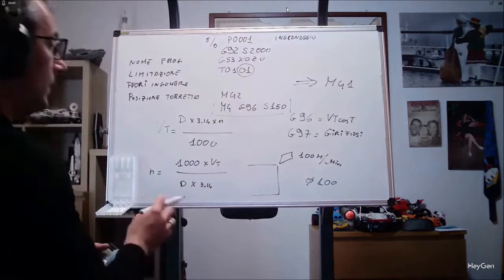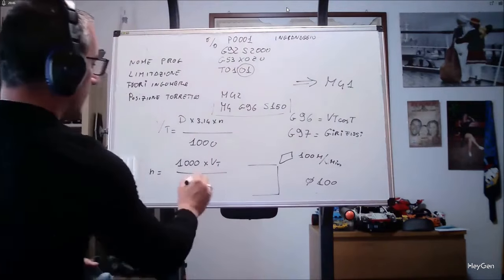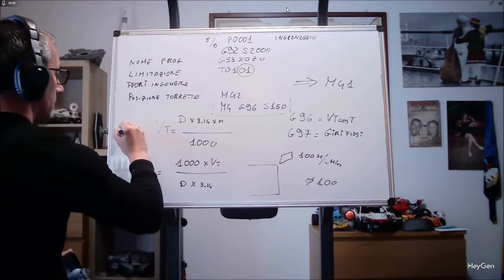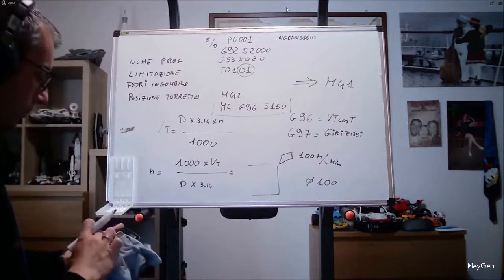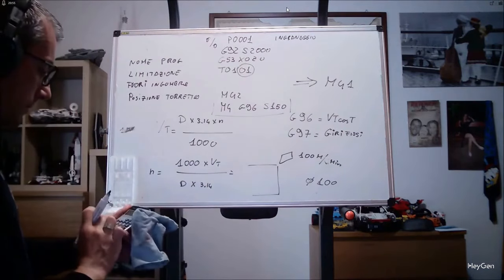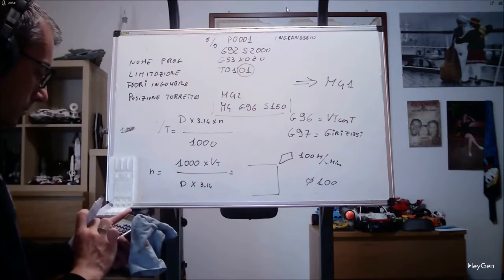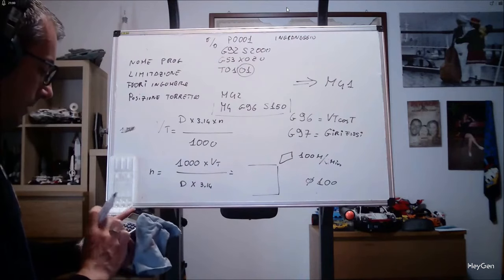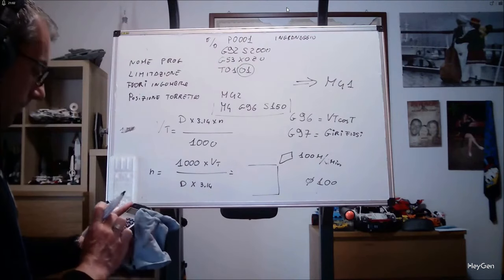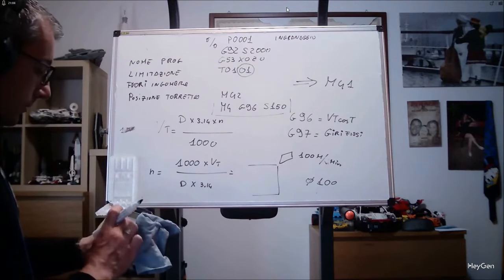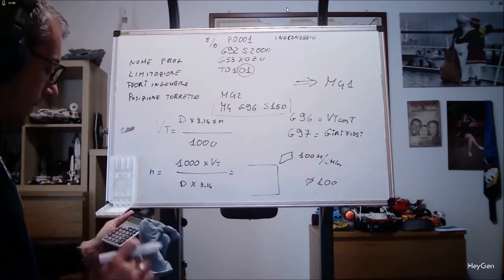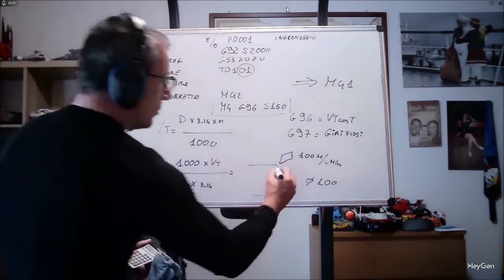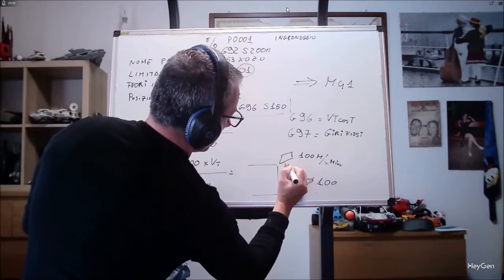My number of revolutions will be 1000 for 100, divided, obviously, by 3.14. So at this point we will have 318 revolutions.